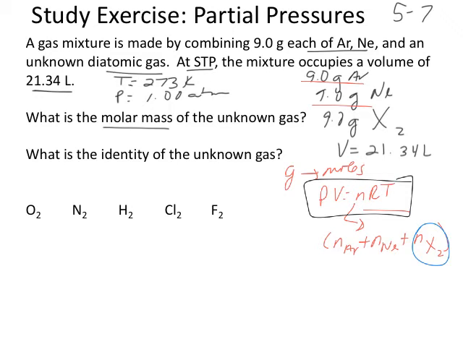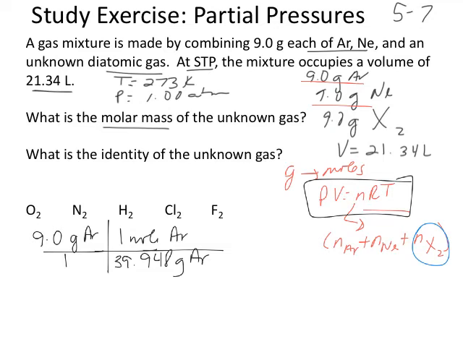So let's go from 9.0 grams of argon, and we're going to turn this into moles, so we need molar mass. I'm going to look at the periodic table and see that there are 39.948 grams of argon in 1 mole of argon. When you put that in your calculator, you should get 0.225 mole of argon.